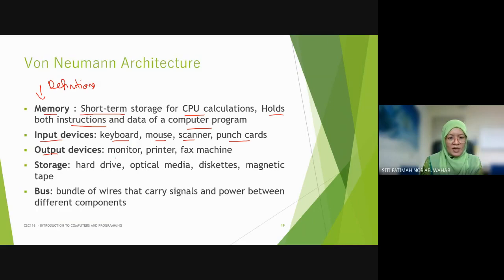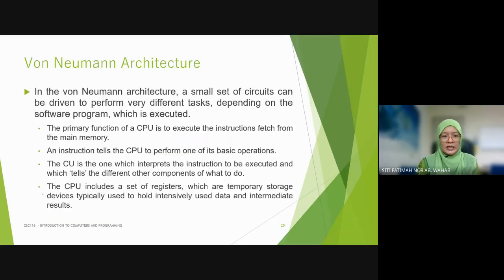Examples of output devices: monitor, printer, fax machine. The storage: hard drive, optical media, diskettes, magnetic tape. And then this is the definition of bus, which you already said before: a bundle of wires that carry signals and power between different components.